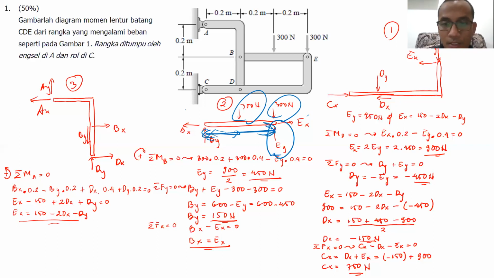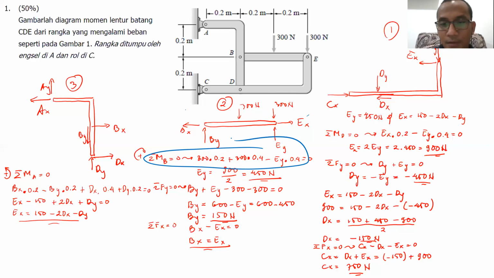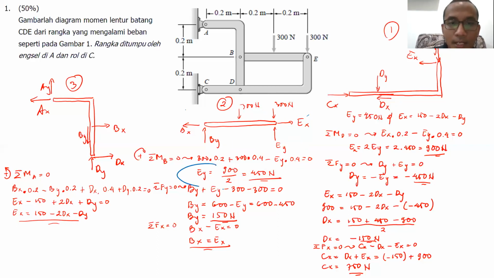As you can see in this particular equation, the value of EY will be 900 divided by 2, which is 450 Newton. So now I found one of the values that I'm looking for, EY. EY there is 450 Newton.